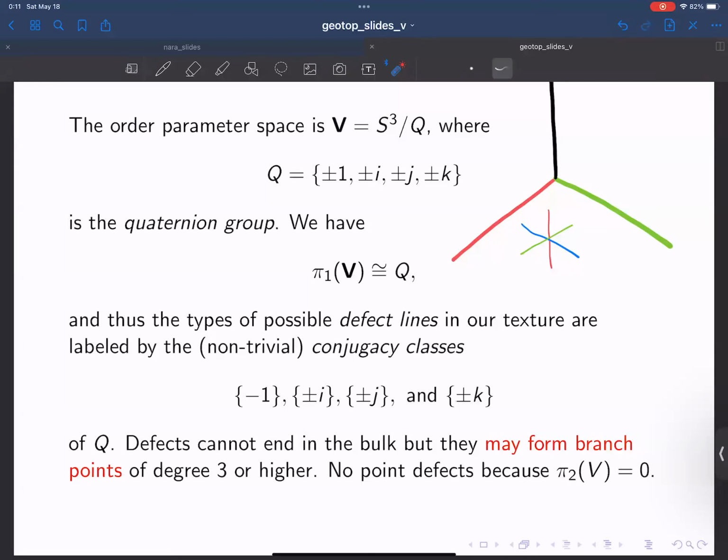Sorry, but in this case with quaternions, if you imagine two lines coming together, and they each have one of the quaternion charges, like I and J, then the line that comes out has to be K. That's exactly what I was going to show you.